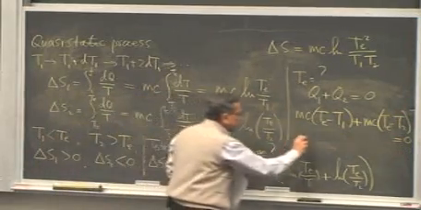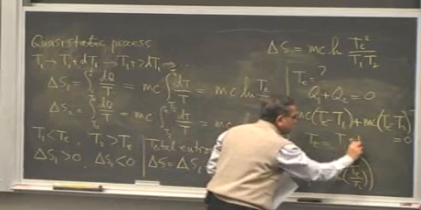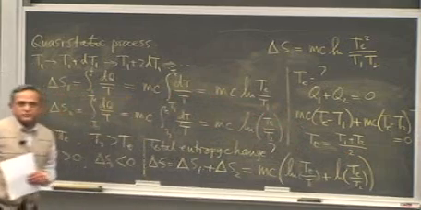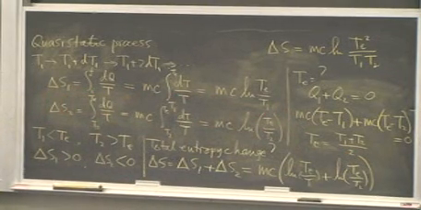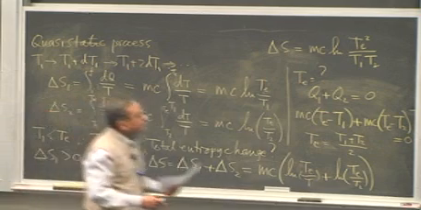And this tells you that Te is equal to, no surprises here, (T1 plus T2) over 2, an average of the two. If you mix them up, the average temperature is going to be (T1 plus T2) over 2.